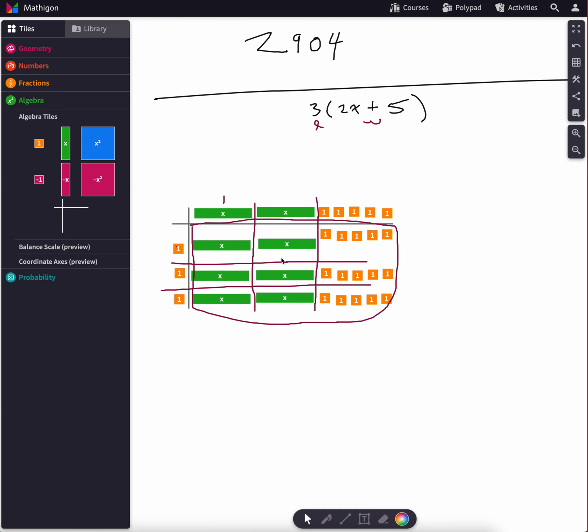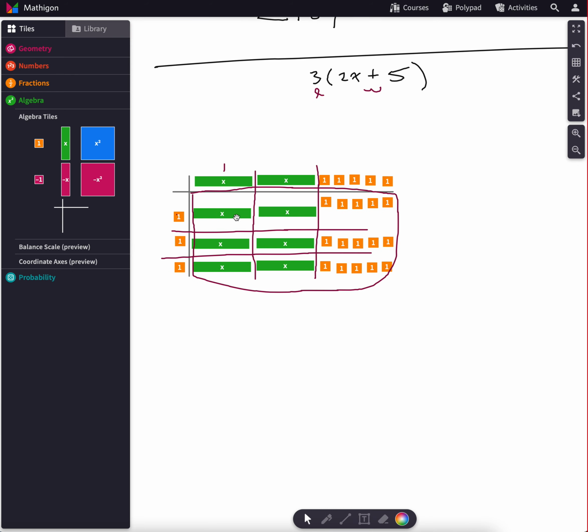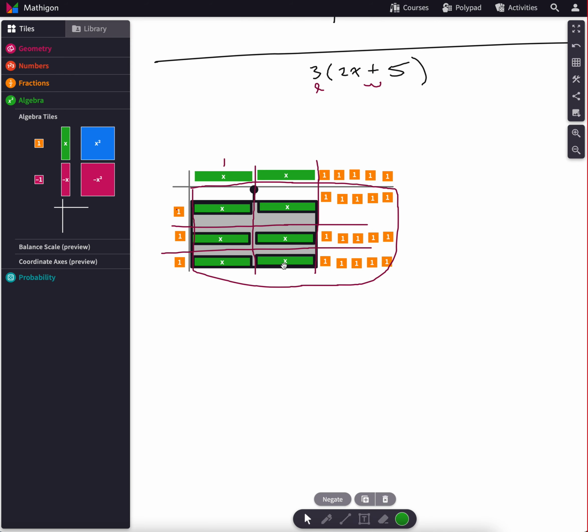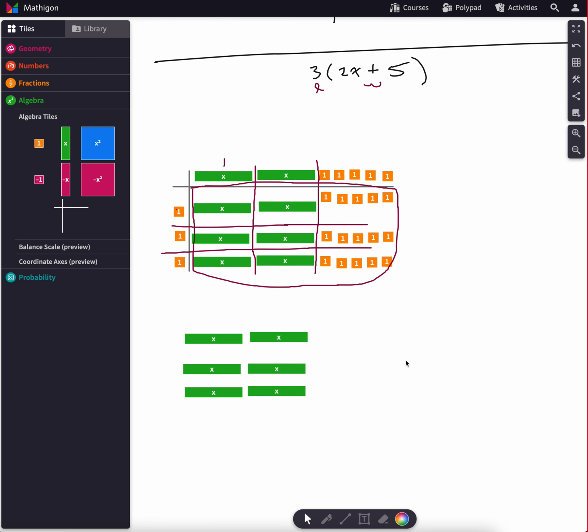So you can only add the things that are the same, right? So what you're going to get, if I were to group this, you get the 6 x's that are there, and then plus 15, right? All you're doing is counting up what looks like 6x plus 15.